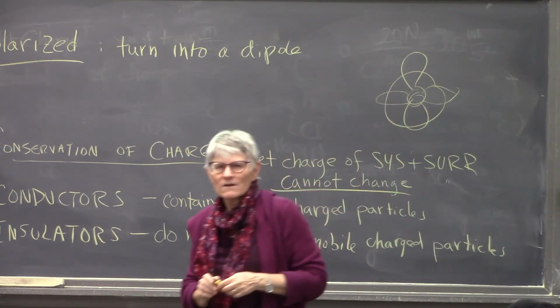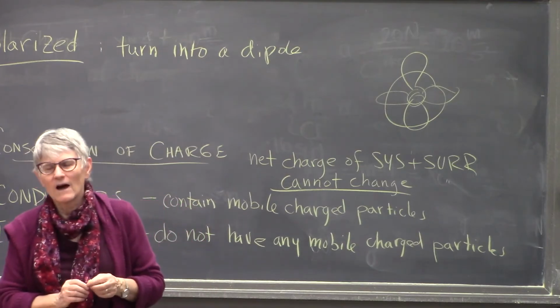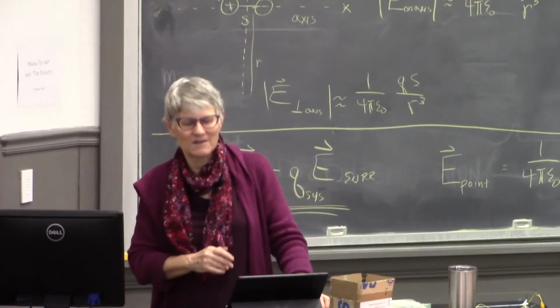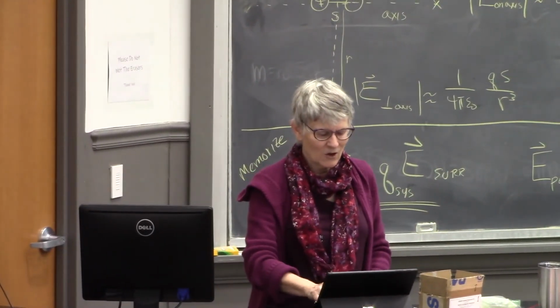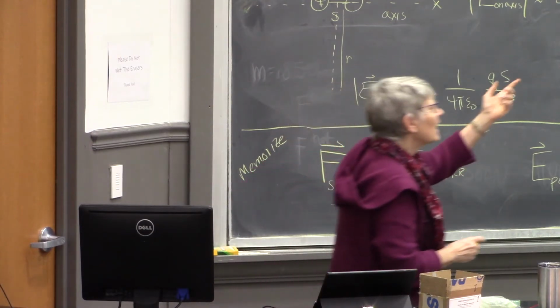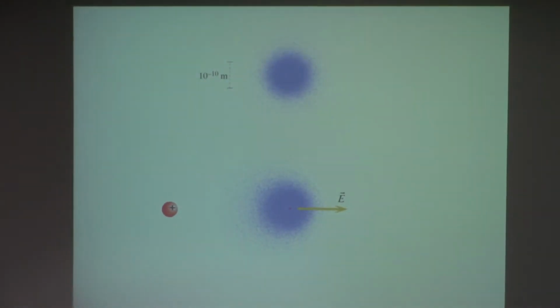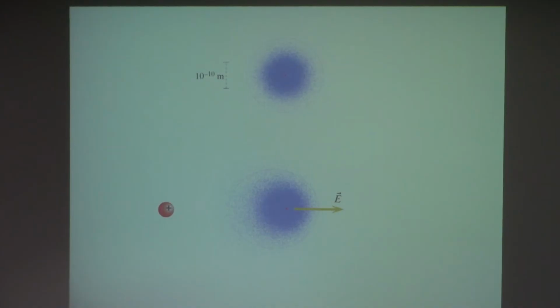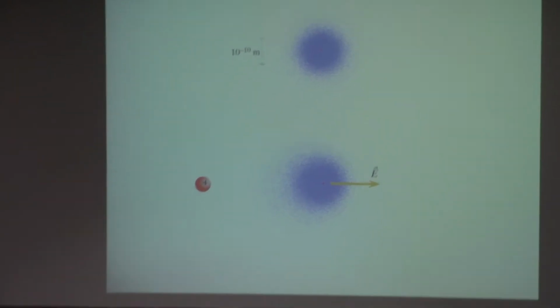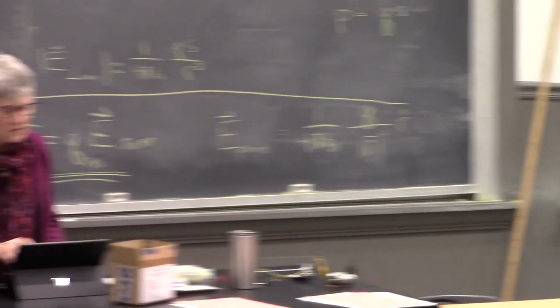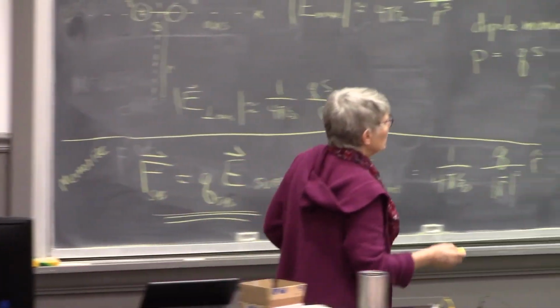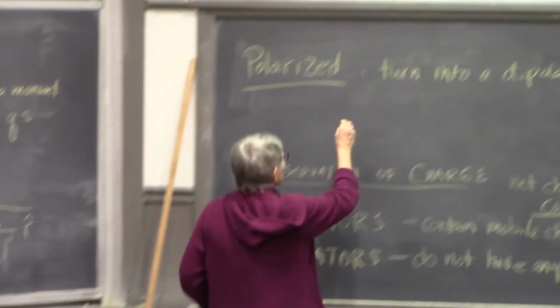Jonathan? So is polarization always attraction? Ah, that's a very good question. Is polarization always attraction? So what if this charge were negative? What would happen? You shift the cloud the other way, wouldn't you? And there's another term here.